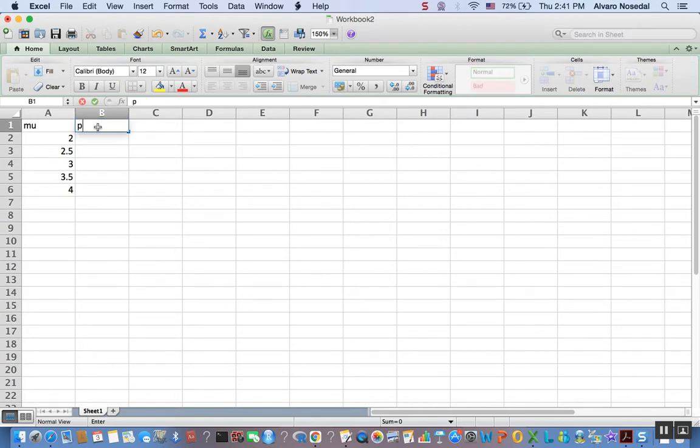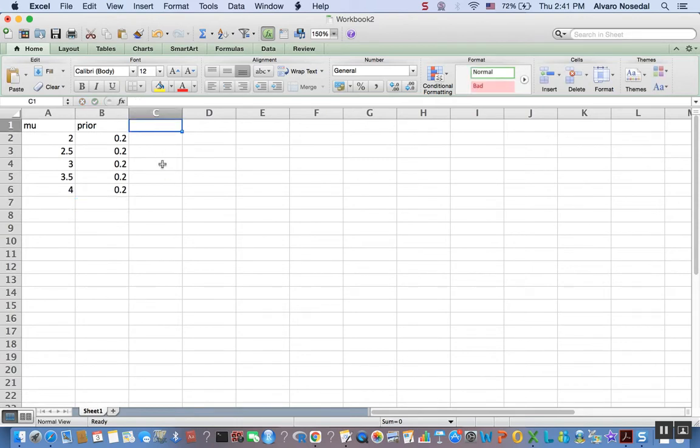Then we need our prior. We are going to be using a uniform prior. We're going to assume that each of these 5 values is equally likely, so 1/5 or 0.2 for each of these.